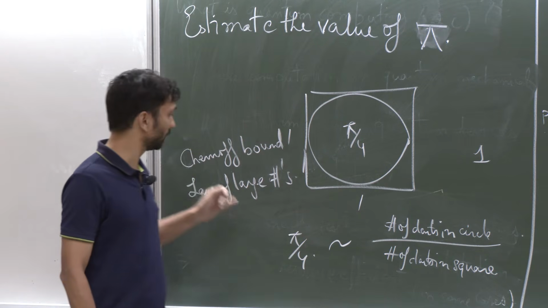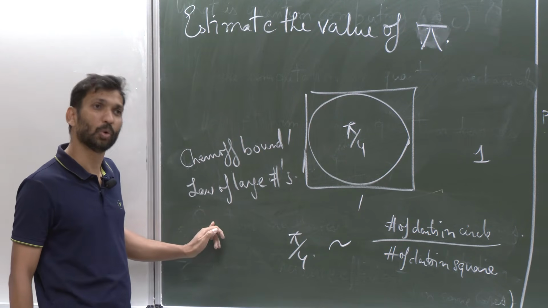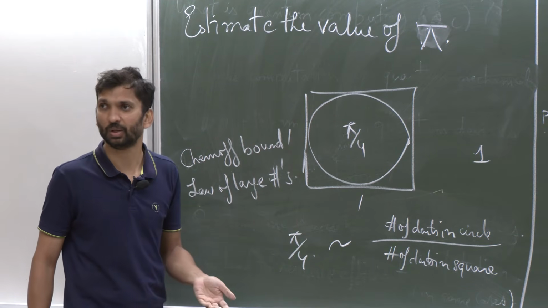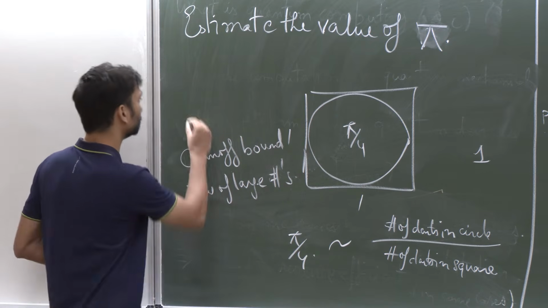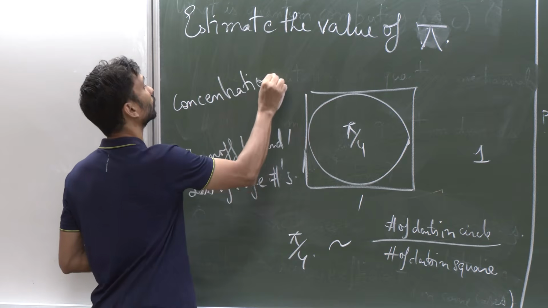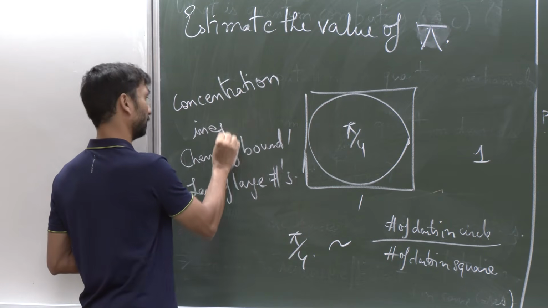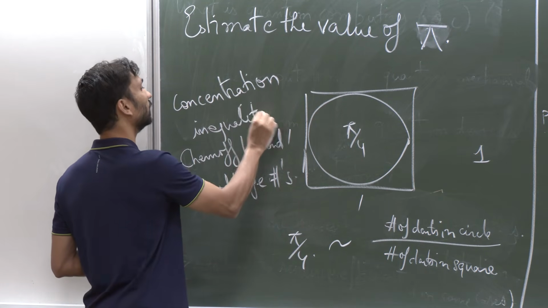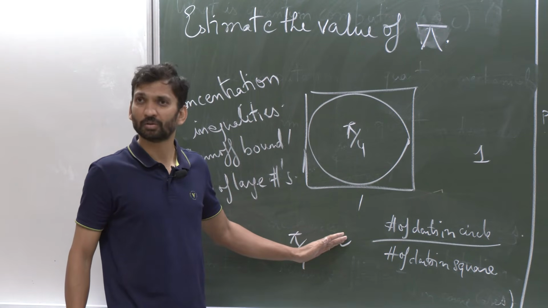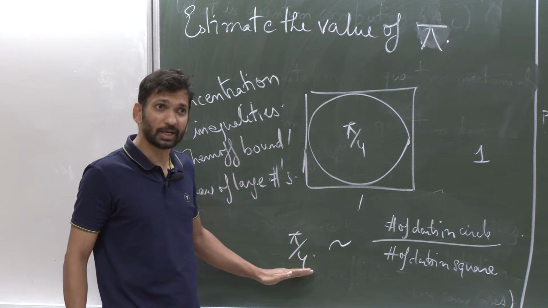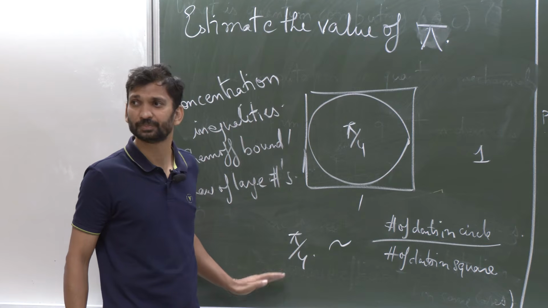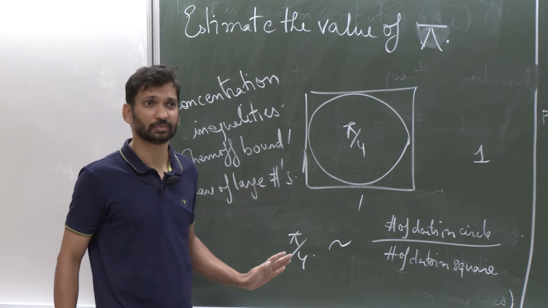But the tools I will require are these. If you don't know them, read about them, or in general, read about concentration inequalities. Okay? And as an exercise, you can try to prove that this algorithm works, that means with high probability, it will give you a good approximation of pi by 4. Okay?